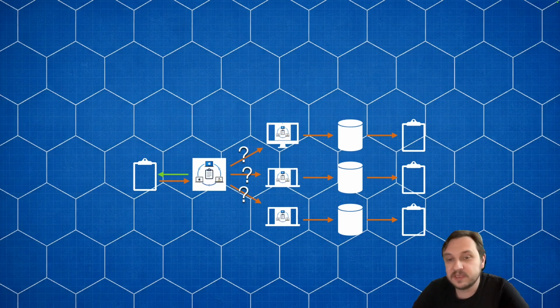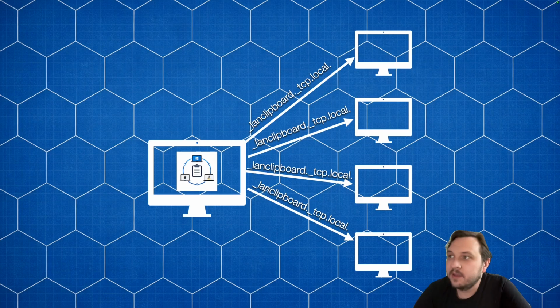discovery. How discovery works is that as soon as we start an instance of the Lan ClipBoard, it starts broadcasting to all devices on the network: Hey, here I am, and here's the service I'm providing. I have the Lan ClipBoard TCP local service.